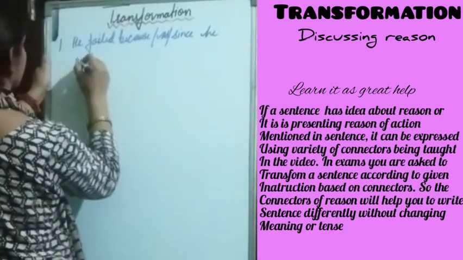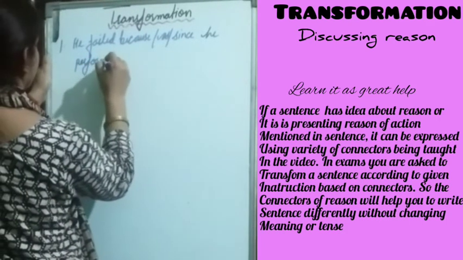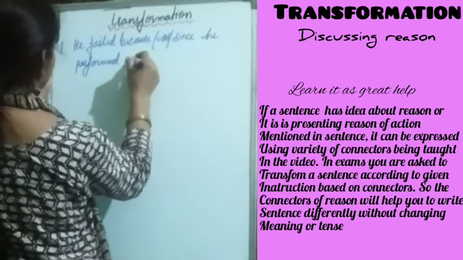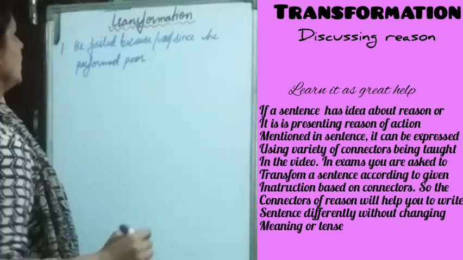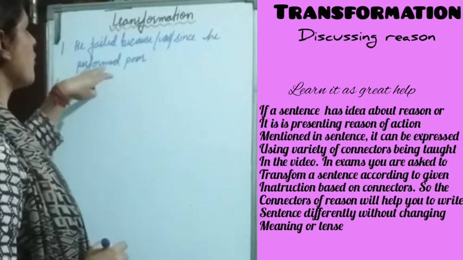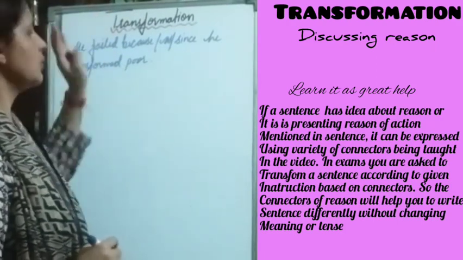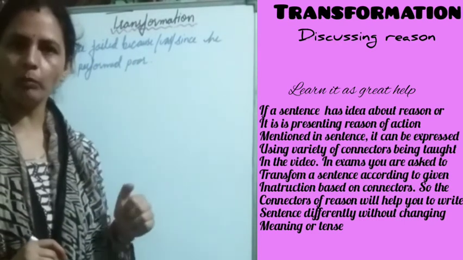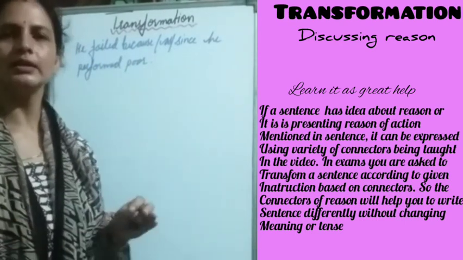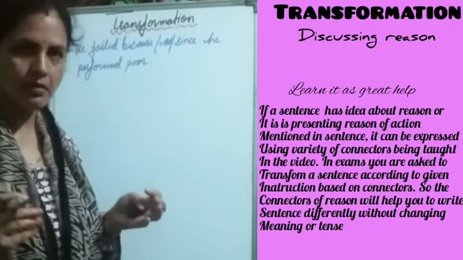He performed poor. He failed because he performed poor. Again, he failed as he performed poor. He failed since he performed poor. All the three connectors are giving us the idea of reason.